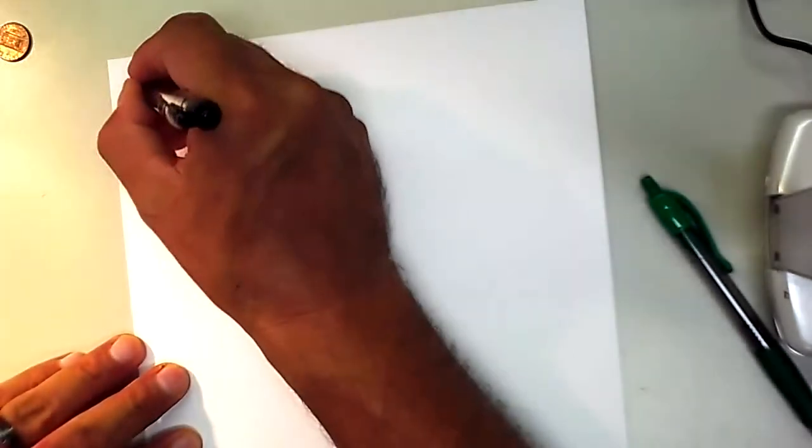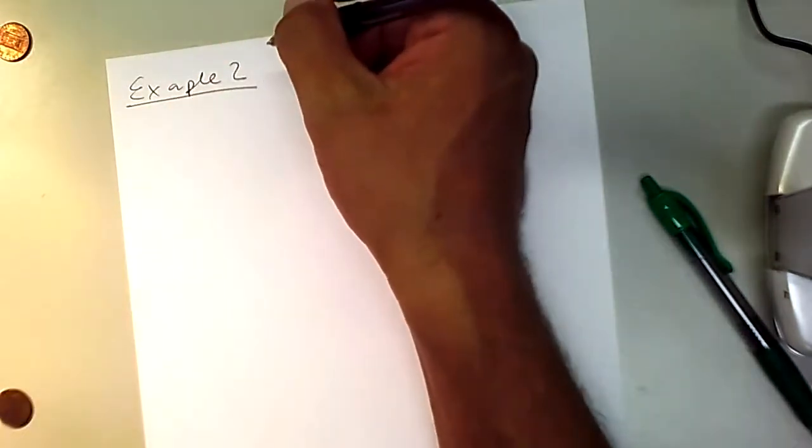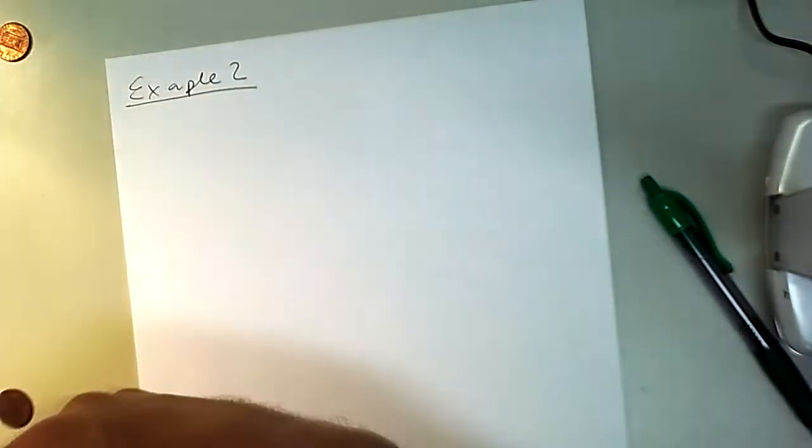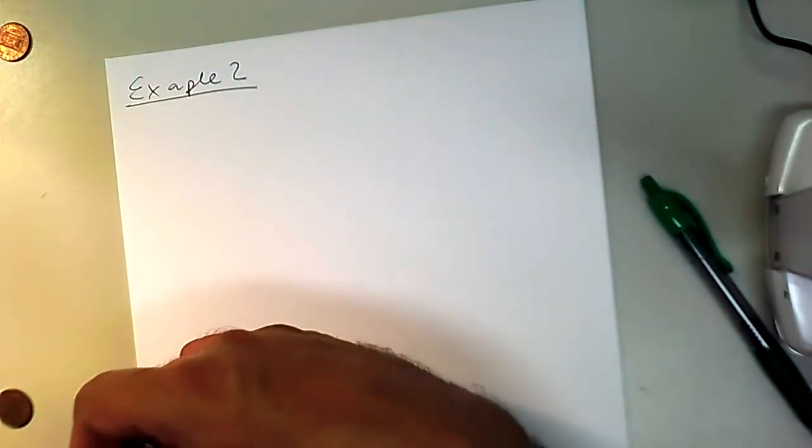Okay, let's do a second example. Example 2. So the difference between example 1 and example 2, besides the fact that we're going to use different functions, is that example 2 will be a three-dimensional example.